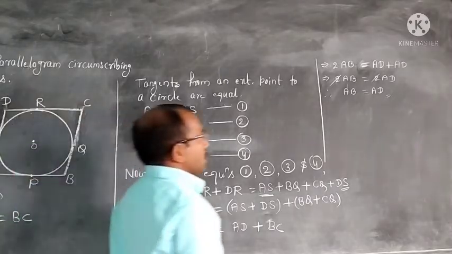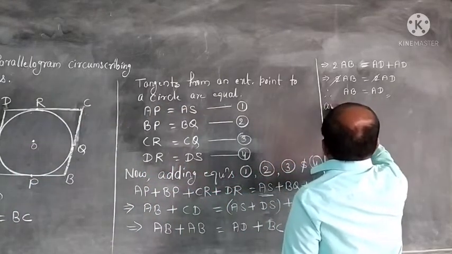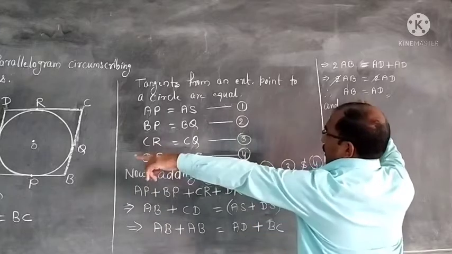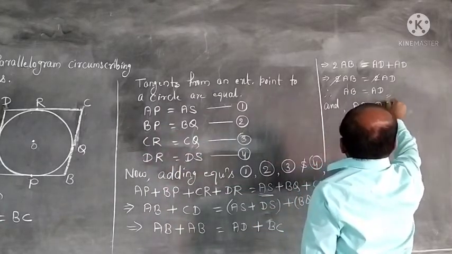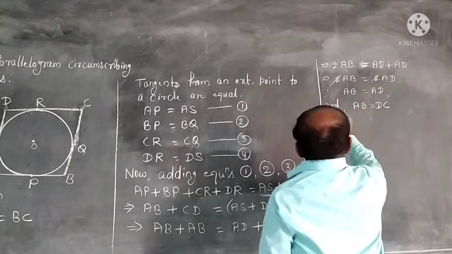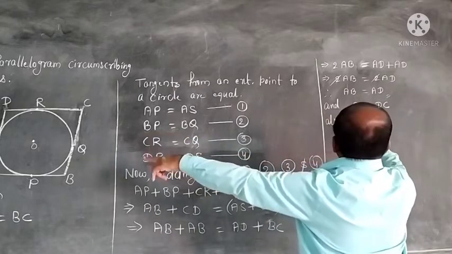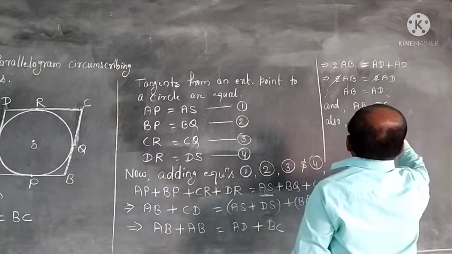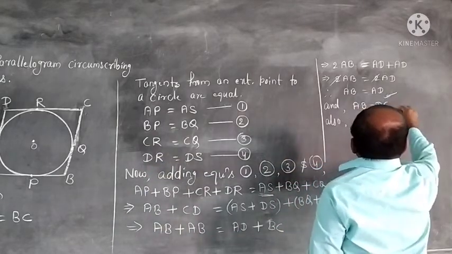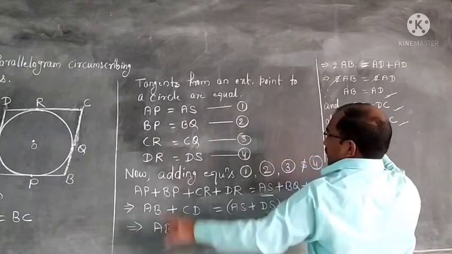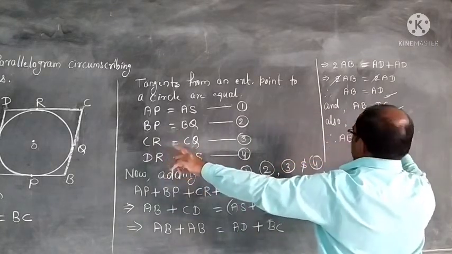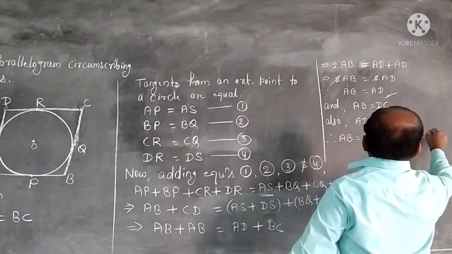So, we will write that AB is equal to AD and AB is equal to DC also, DC or CD. Also, AD is equal to BC. So, from these three we can say that all four sides AB is equal to BC is equal to CD is equal to DA or AD.